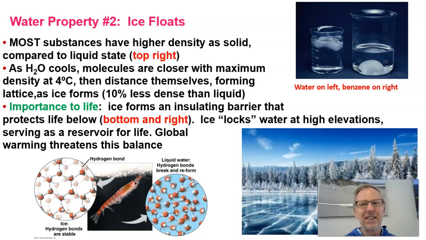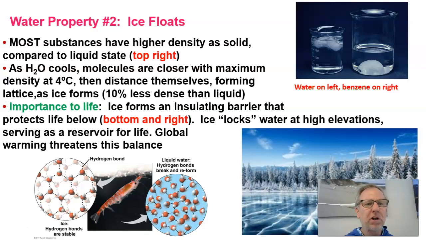And the more dense that something is, that means it'll sink compared to a liquid. If a solid is more dense than a liquid, then the solid's going to sink. If a solid is less dense than a liquid, it's going to float. You can think about wood. We all know wood floats. Why does it float? Because the density of the molecules that make up wood is less than the density of water. So it floats on top of the water.